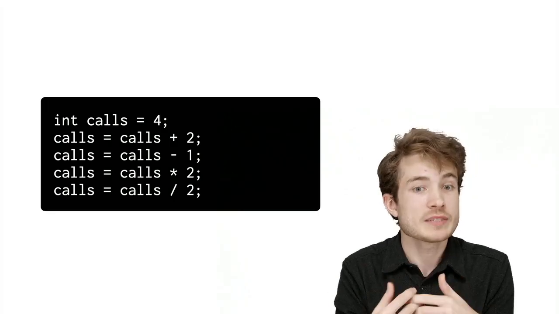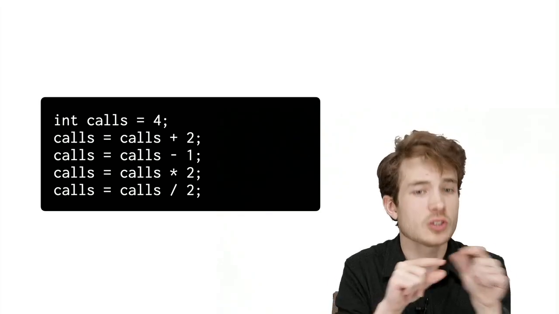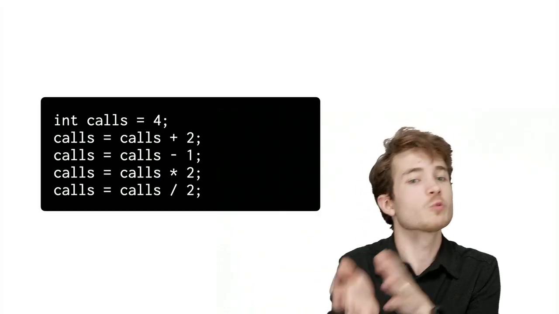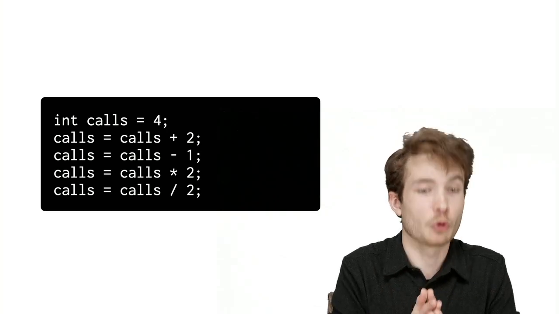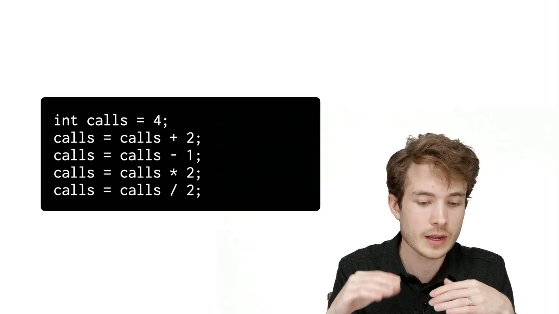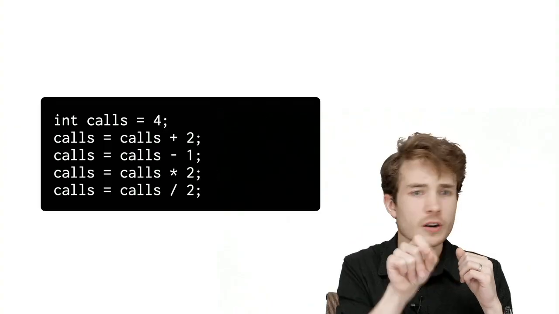I could say, let's make calls 1 less than what it currently is. To do that, I could say, let's take calls, subtract 1, and then reassign it back to that variable called calls, and so on for multiplication on that 4th line and division on that 5th line. So multiplication using our star and division using our slash.